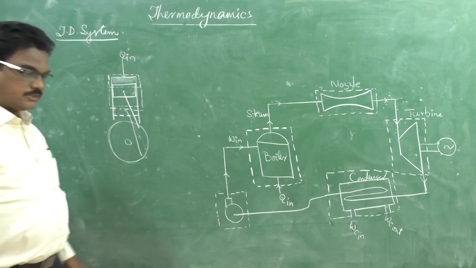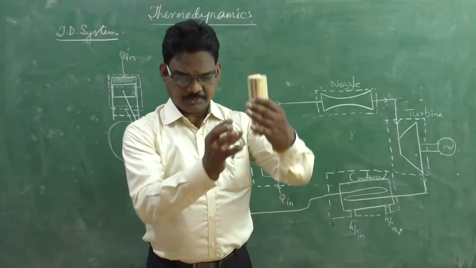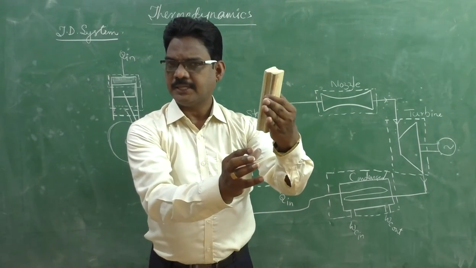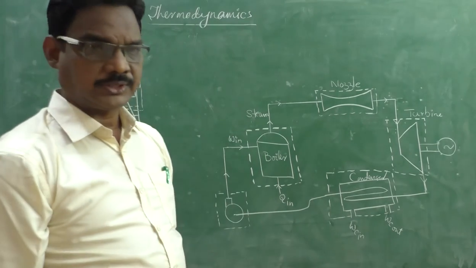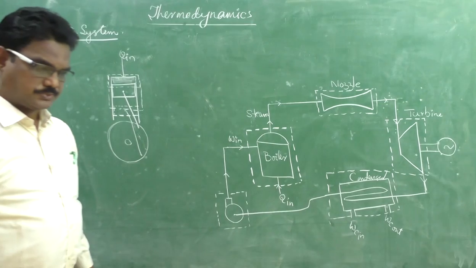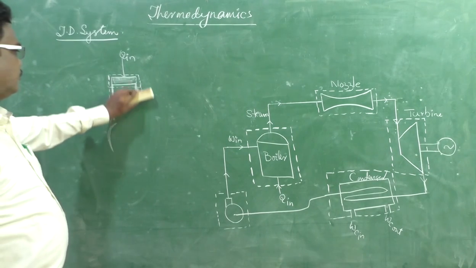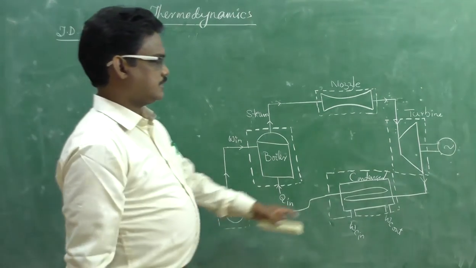That means the boundary is an imaginary one. According to the system, it may enlarge and contract like this. It will not be a constant one. This we need to identify. Next one. Suppose you consider a flow system. For the flow system, you can consider a turbine.